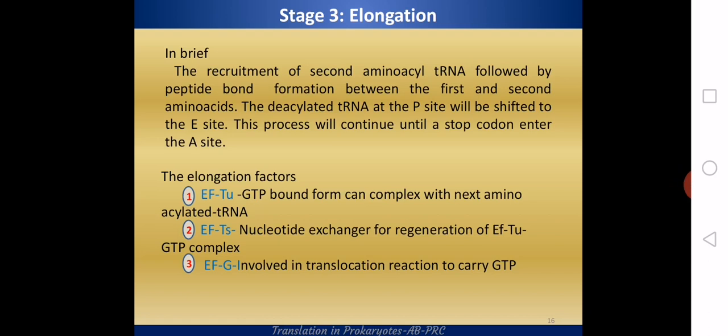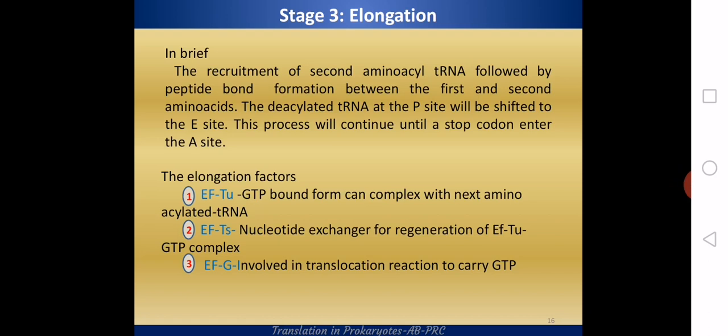That means the second and the next onwards amino acids will be recruited into the A site. Remember that EF-Tu cannot recruit an aminoacyl tRNA to the P site. It can do this only to the A site.